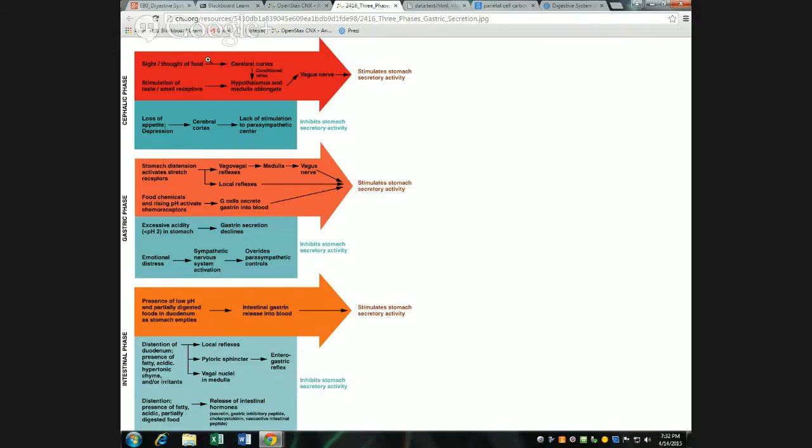Okay. Now they mention sort of an inhibitory side of this, which is actually kind of, let's call it minor, not to offend anybody that might have some of these issues. Being the cephalic phase, thinking about higher processing within the cerebral cortex, there are some things that can inhibit activity. So anything that leads to loss of appetite, which might be depression or something like that.